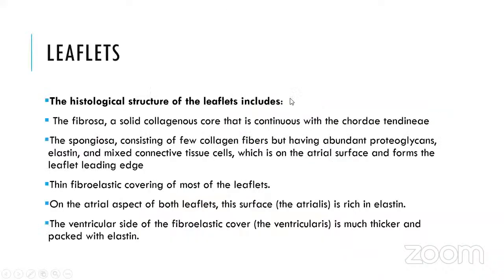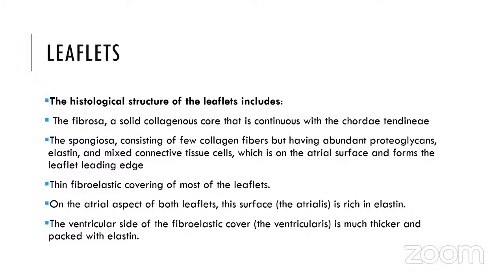Moving on, histologically speaking, the structure of the mitral leaflets can be divided into the fibrosa, which is a solid collagenous core that is continuous with the chordae tendineae, and the spongiosa, which consists of collagen fibers but has abundant proteoglycans, elastin, and mixed connective tissue cells, which are on the atrial surface and form the leaflet leading edge.